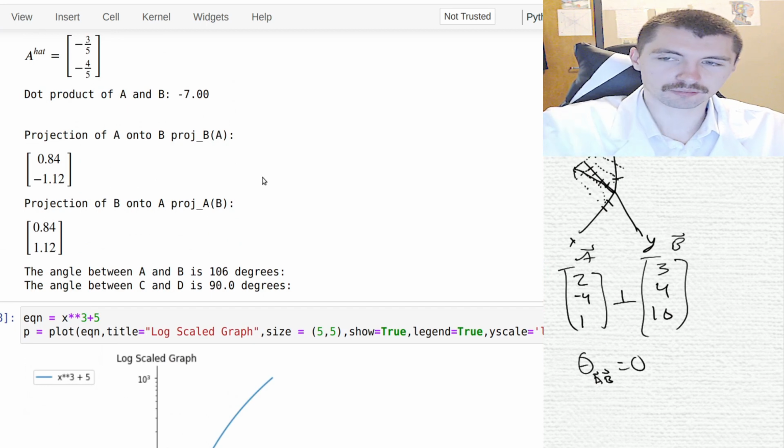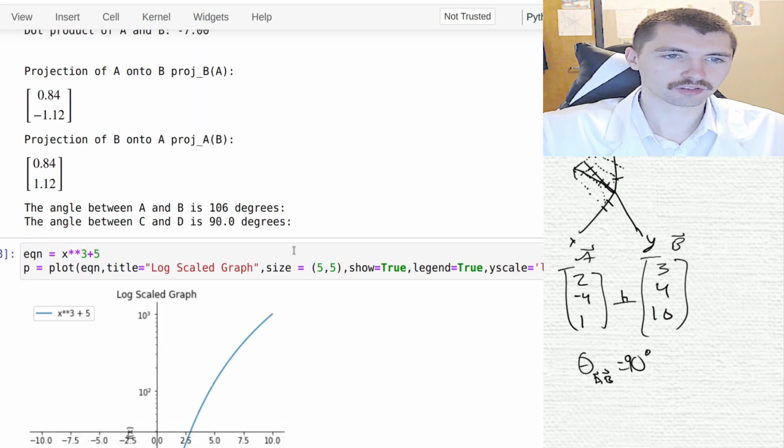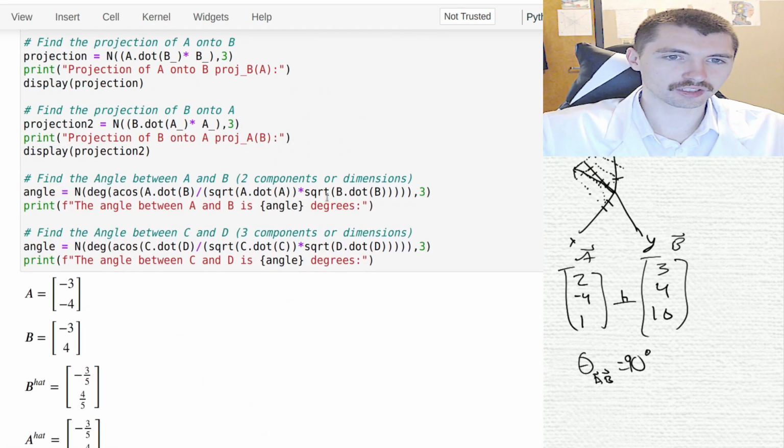Okay, my bad. 90 degrees. So we did confirm this is 90 degrees for the 3 dimensions.